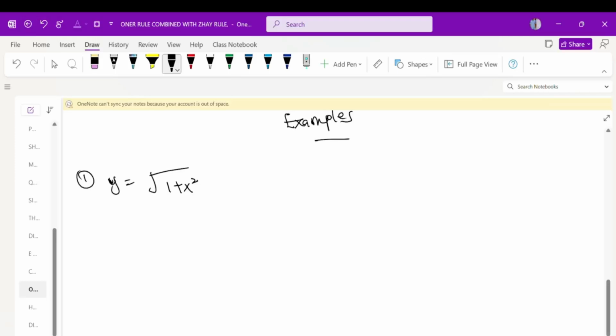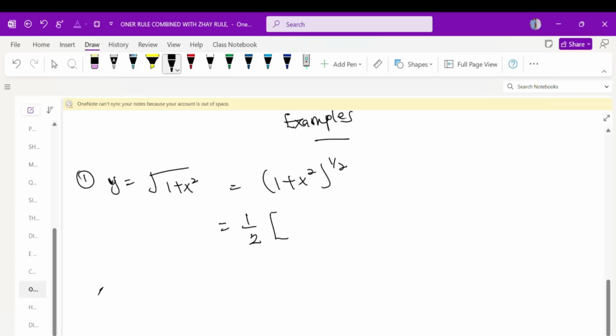Okay, so let's solve it. Now we can write root of 1 plus x squared as 1 plus x squared, exponent half. Now, according to our rule, what you're going to do is bring this half in front here.